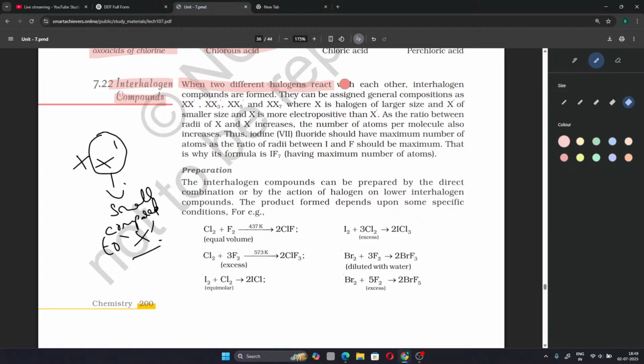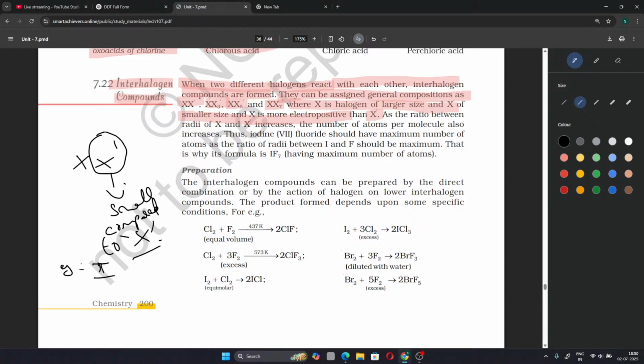When two different halogens react with each other, interhalogen compounds are formed. The condition is that in the structure the atoms are X and X', where X' has to be the smaller atom compared to X. They can be assigned general compositions as XX', XX'3, XX'5, XX'7, where X is a halogen of larger size and X' of smaller size, and X is more electropositive than X'.